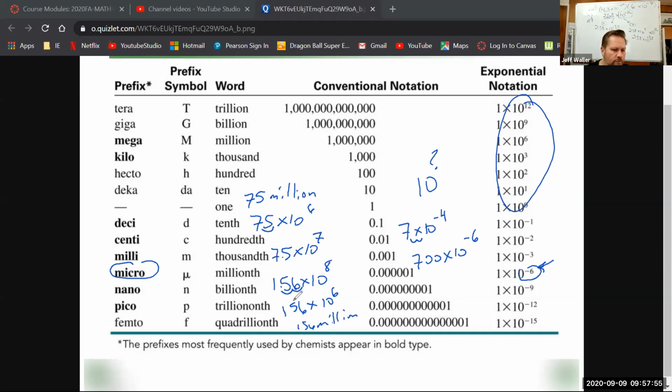So do you see, watch this. When I move this over twice, what did the power do? It went down. So if I move this over twice, what will the power do? It will go down too. It's the same thing. Why did I do that? Because now it matches up with one of my prefixes. It matches up with micro, which is this neat little character.